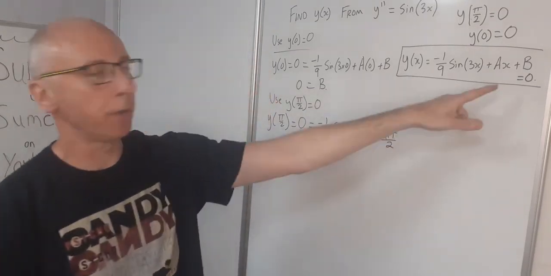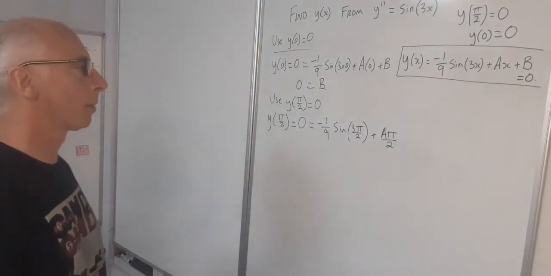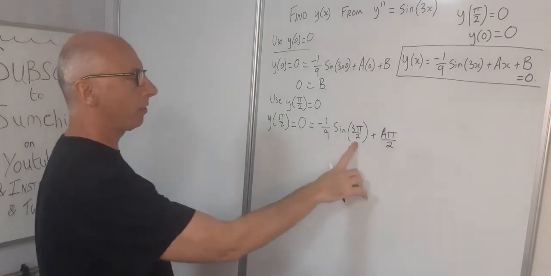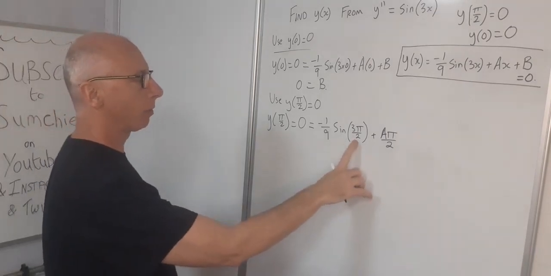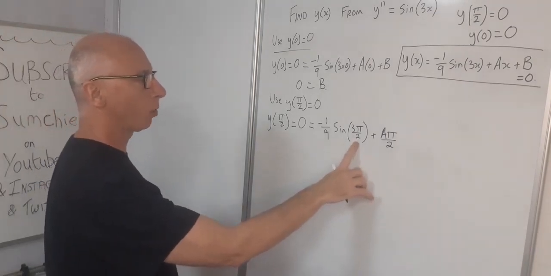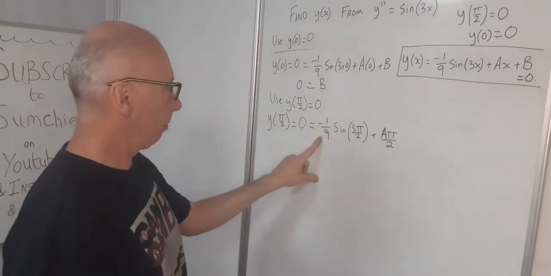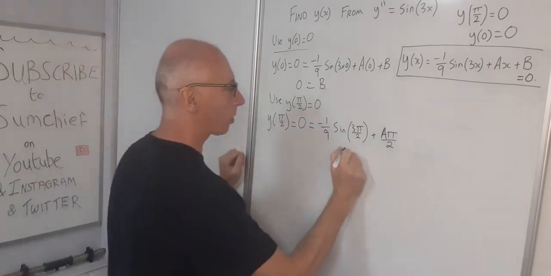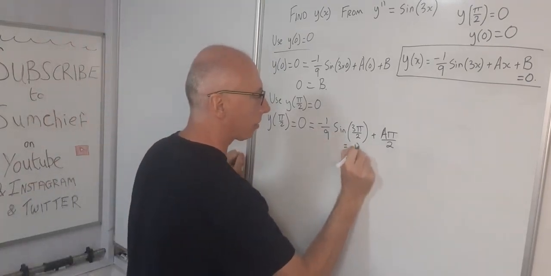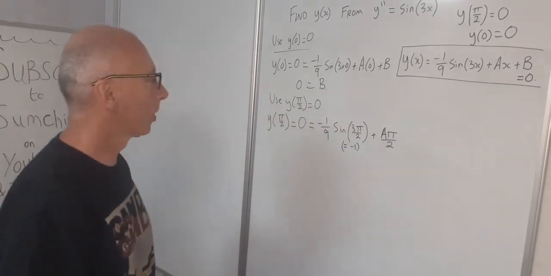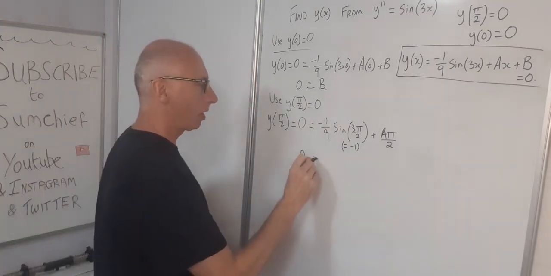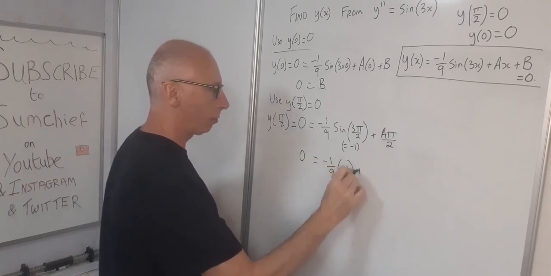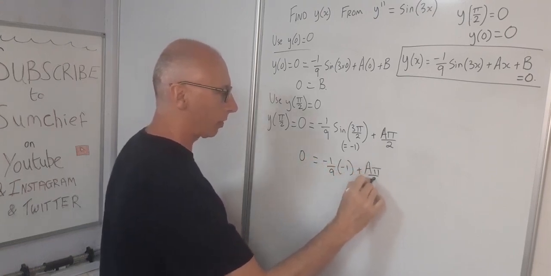We don't need to worry about the b because we know that it's going to be 0. Now sine of 3 pi over 2 is going to be minus 1. So minus 1 times minus 1/9 gives us positive 1/9. So now we've got 0 equals minus 1 over 9 times minus 1, plus a pi over 2.